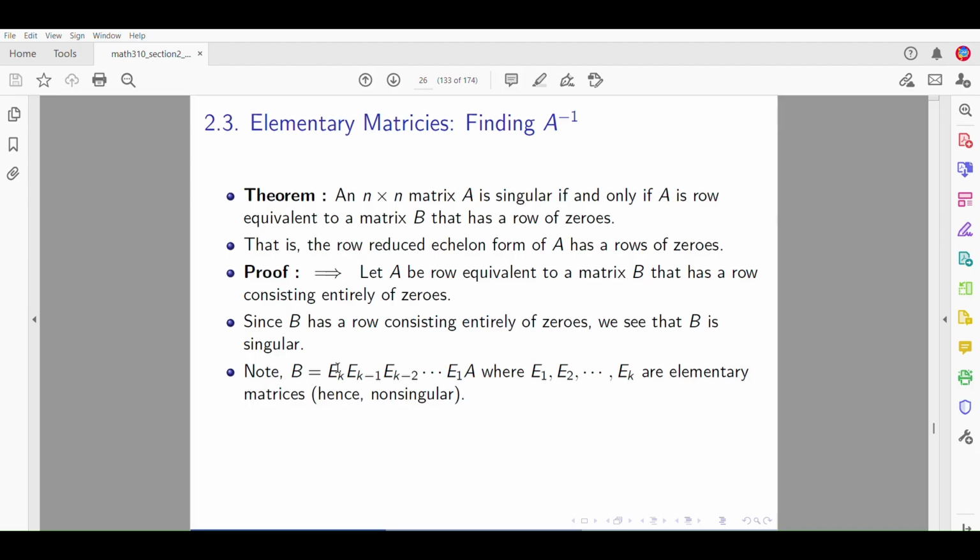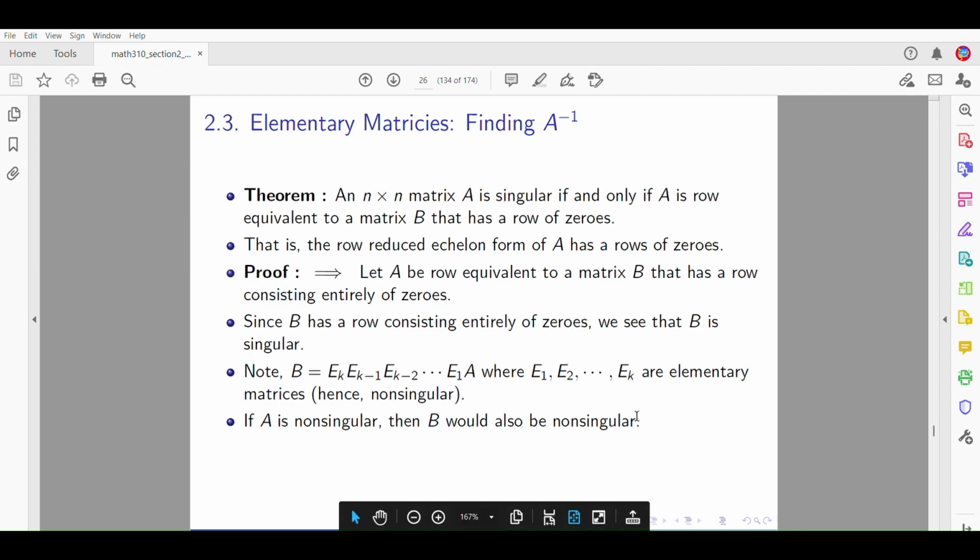B is obtained from A by multiplying a bunch of elementary matrices on the left. All of these are non-singular. If A were also non-singular, then the product would be non-singular. That's a contradiction, right? So B is singular, therefore A has to be singular. If A is non-singular, we hit a contradiction, therefore A has to be singular.